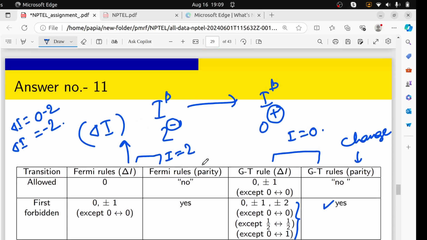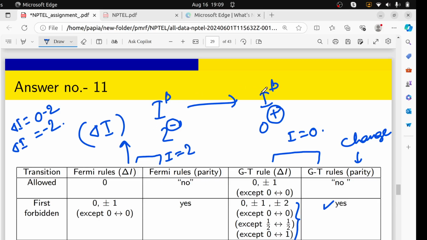See, here basically what we are doing: IP was given, and we are just calculating the value of delta I. We got that delta I is minus 2. If it is minus 2, that means this is satisfied in this table, the Gamow-Teller rule with first forbidden decay. And this also should be satisfied: the parity change should be yes.